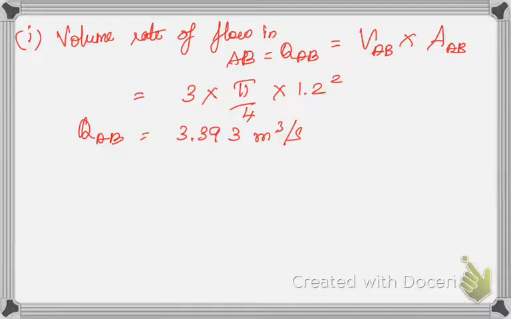Next, I have to get the VBC. So next they have asked me to determine the VBC. How can I determine the value of VBC? Here we are going to apply the continuity equation to pipe AB as well as pipe BC.